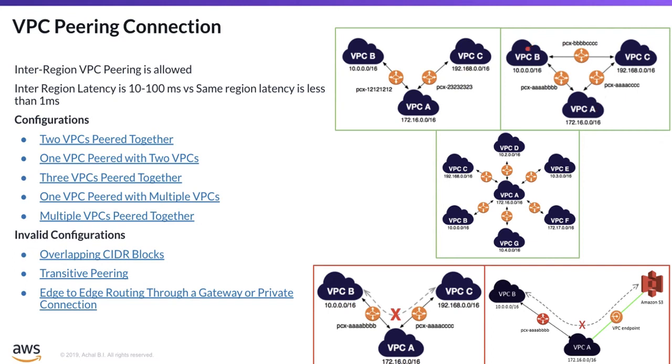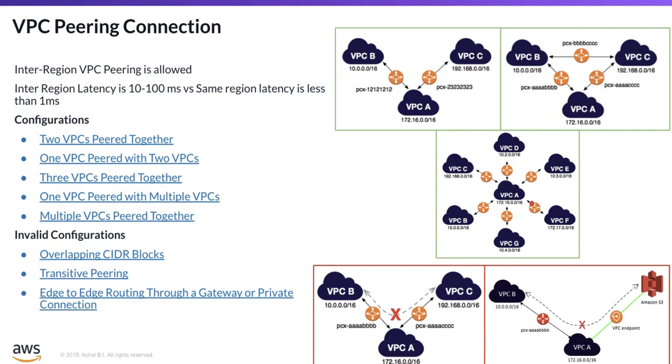So if VPC-B has to connect with VPC-C, it has to be connected directly. It cannot just go via the other peering connections.